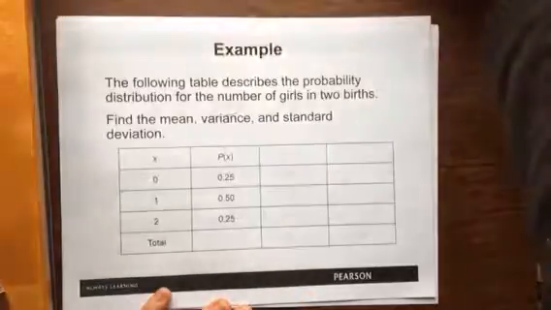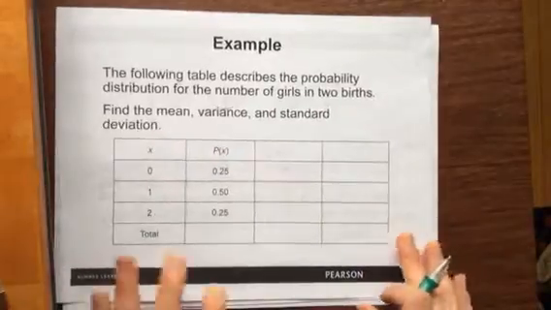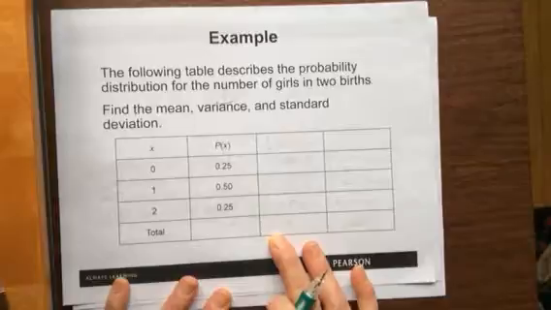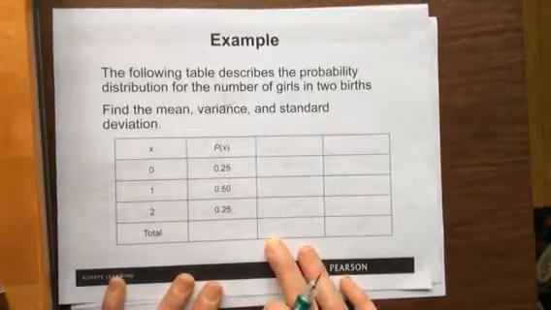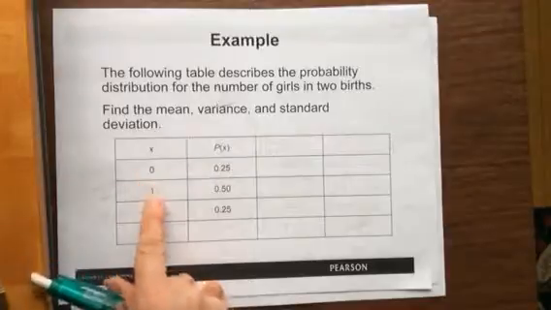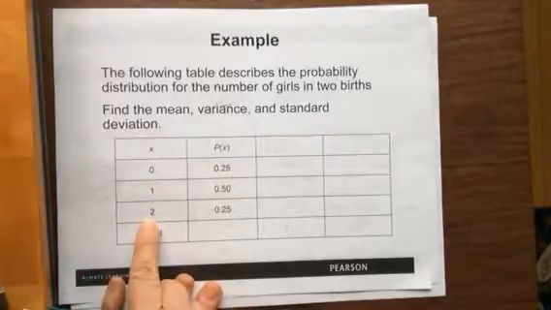So in another example here, we've got not a uniform distribution. This is the probability distribution for the number of girls in 2 births. The possibilities are 0 girls, 1 girl, or 2 girls. That's it.